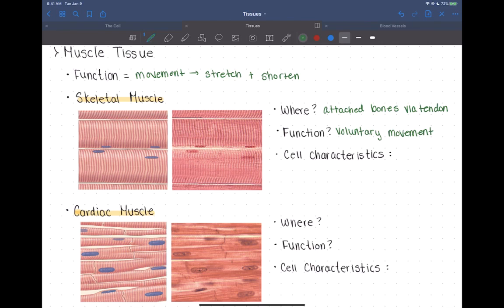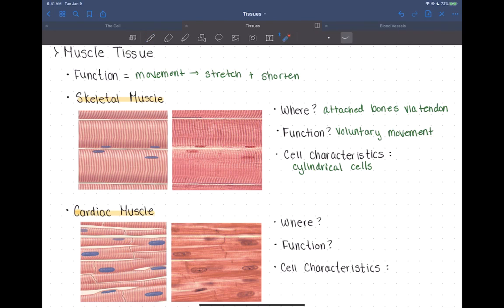So with each of these types of muscle, we'll talk about what the cells look like and how they're different from each other. So those are going to be our cell characteristics. So the cell characteristics for skeletal muscle, these are going to be very long, cylindrical cells. All right. So they're very long threads.